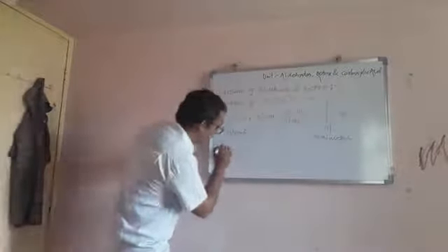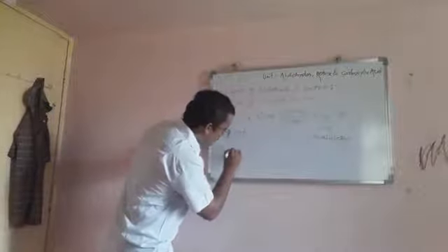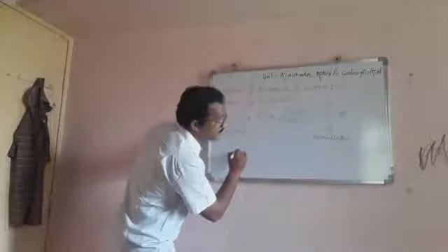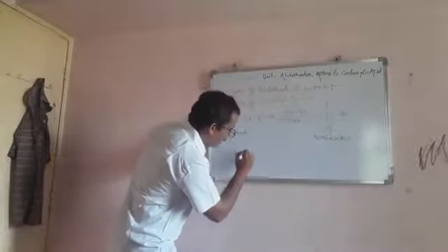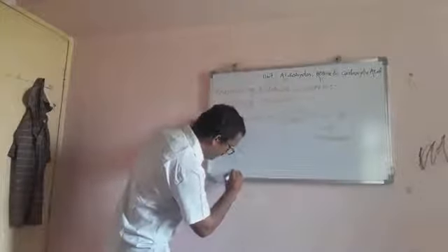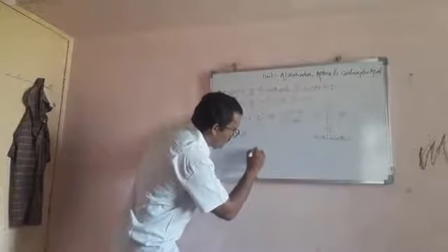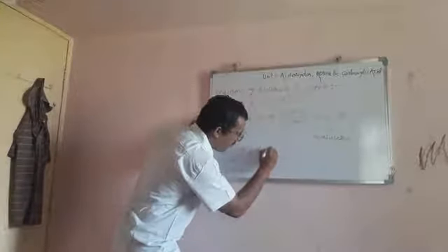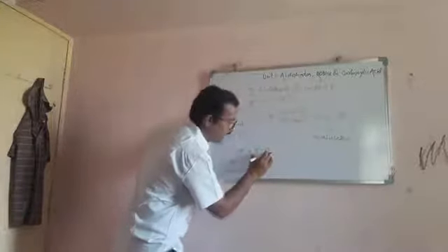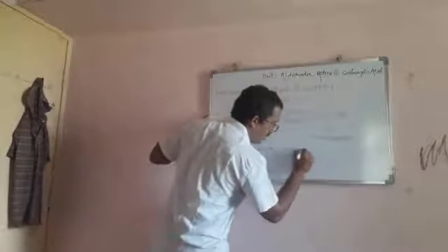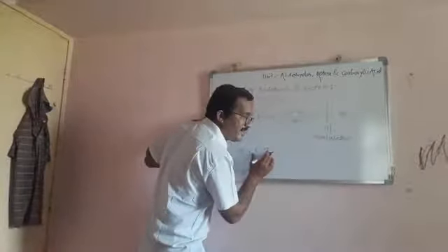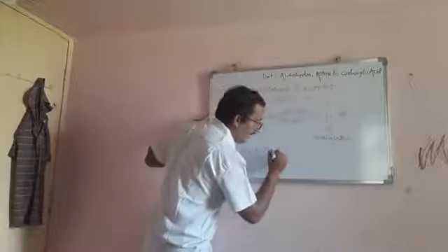The reaction is RCH(OH)OR'. This is hemiacetal, reacted with another molecule of monohydric alcohol. Monohydric means there is only one hydroxyl group.